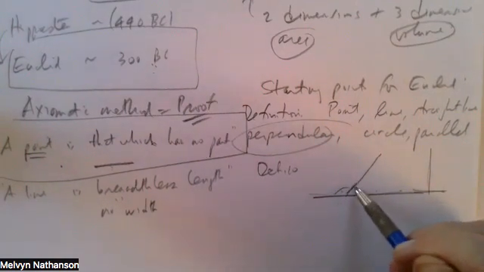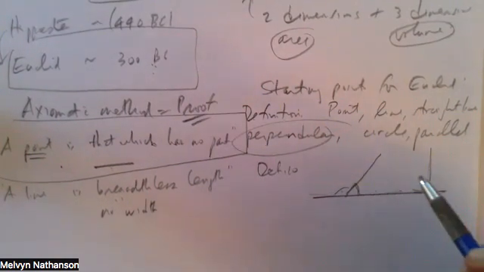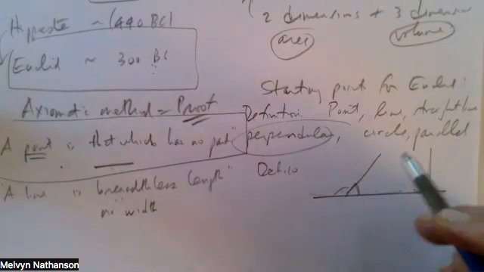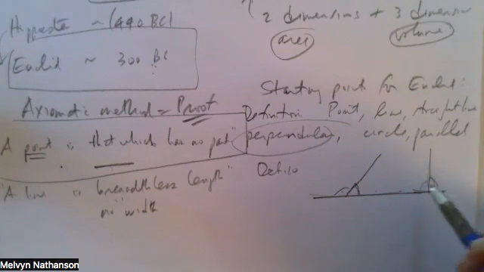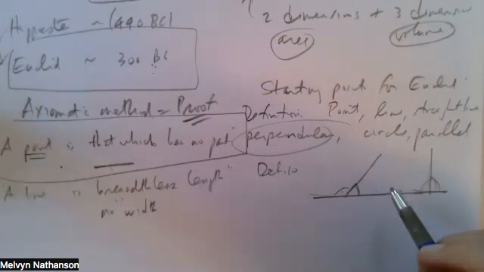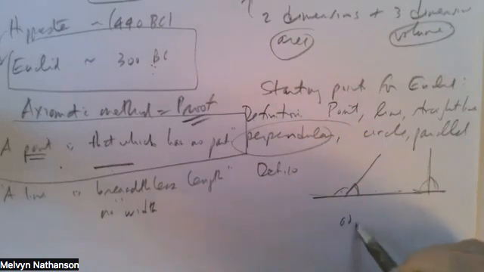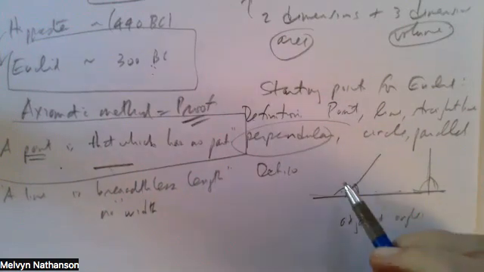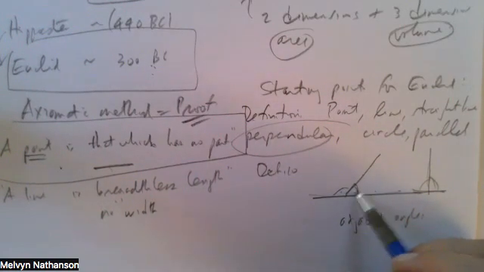The angles between the baseline and the line which is so-called standing on it are called adjacent angles. Here, the adjacent angles are different.